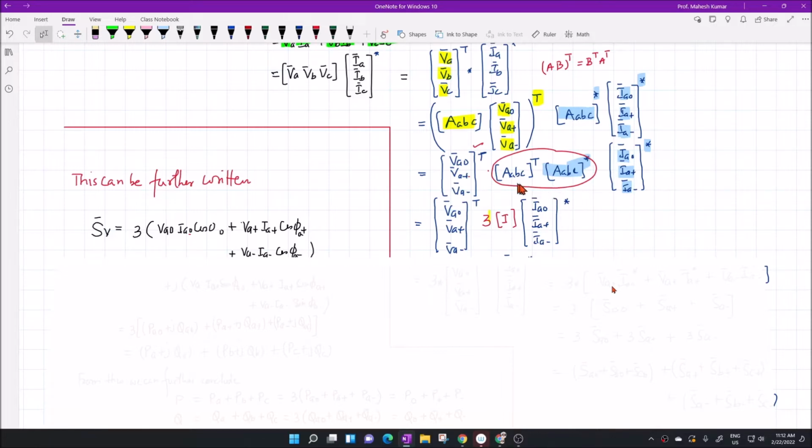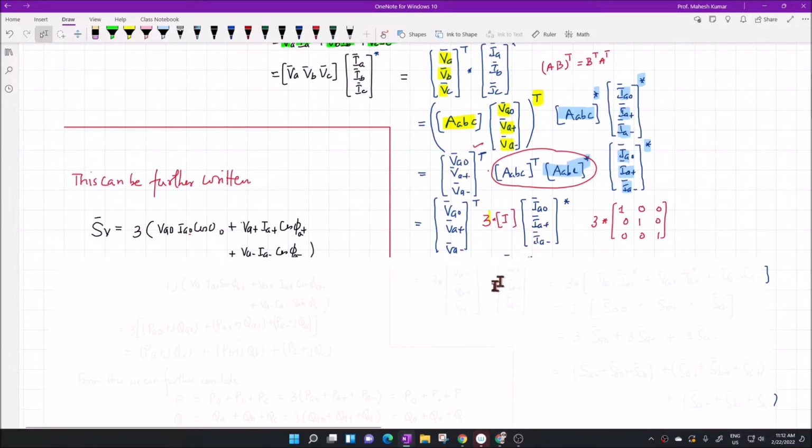So multiply the components of these matrices, transpose and conjugate, and you will see that the product is 3 into I. I is an identity matrix whose elements are 1, 0, 0, 0, 1, 0 and 0, 0, 1. So this will not affect the result. Basically it is 3.